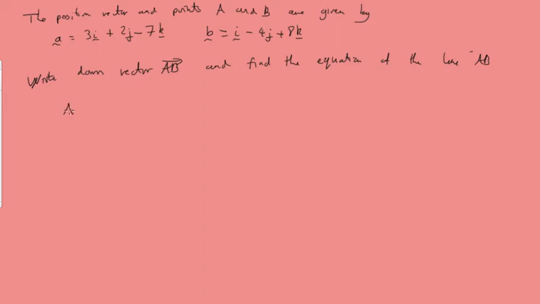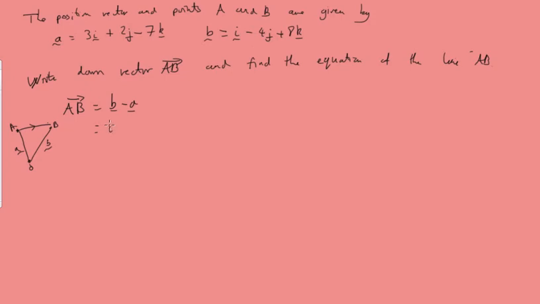So vector ab is going to be, remember, if we had our origin, here's vector a, here's vector b, and we want ab. So to go from a to b, we need to go minus a plus b. So there's our b minus a.